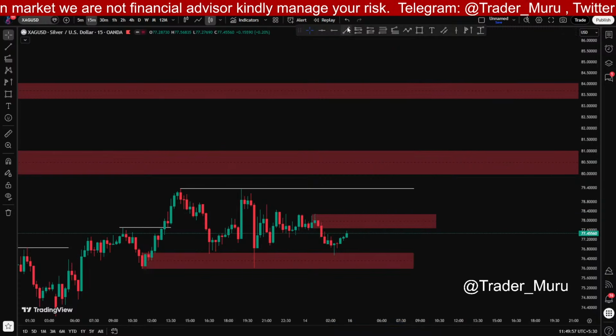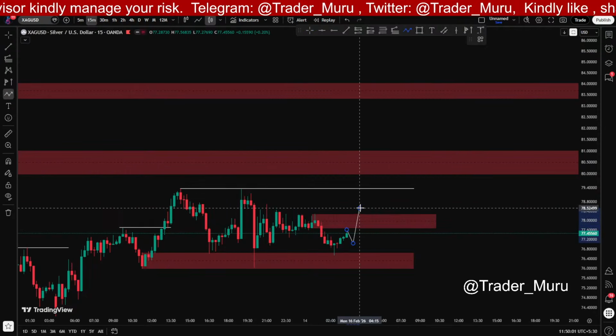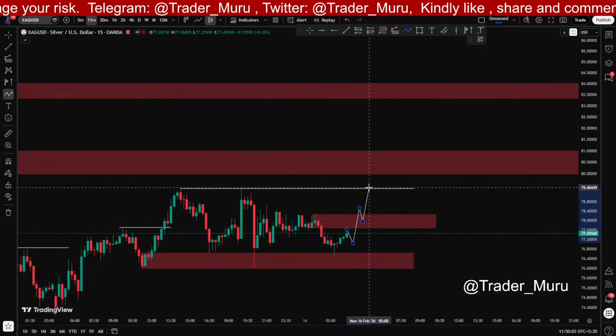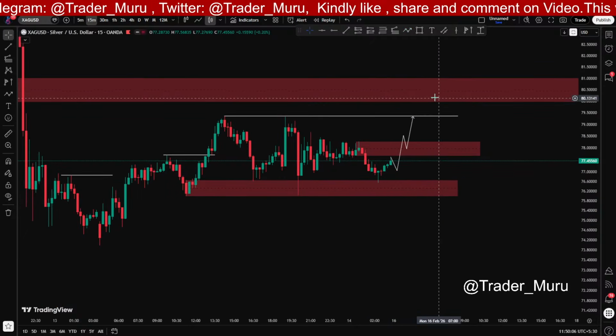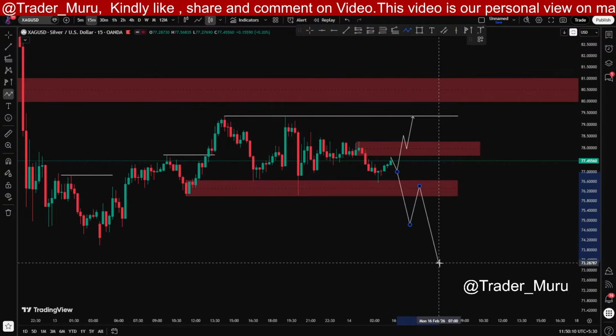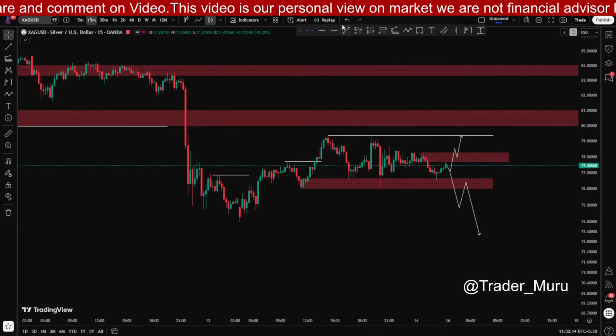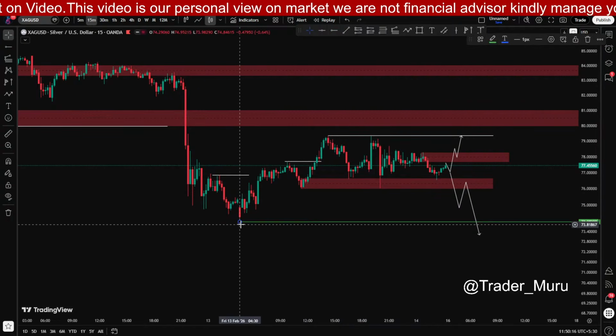It will come down, again pump, and possibly go here. Otherwise, if we have this change of character, we will continue with short. First target will be this low.